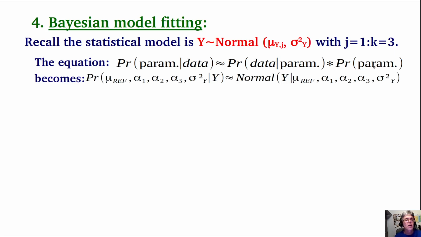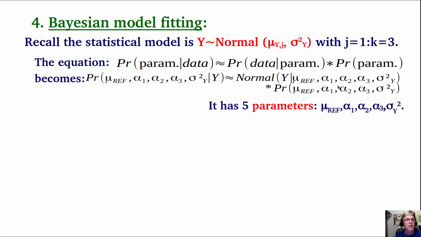So here this equation involves the 5 parameters that we have, the mean of the reference group and the 3 differentials, because we have 4 groups, and the variance of the response variable, given the data. This is the likelihood, the probability of obtaining the response variable given the values of the parameters, times the priors. These are the parameters whose priors we need to identify and provide.